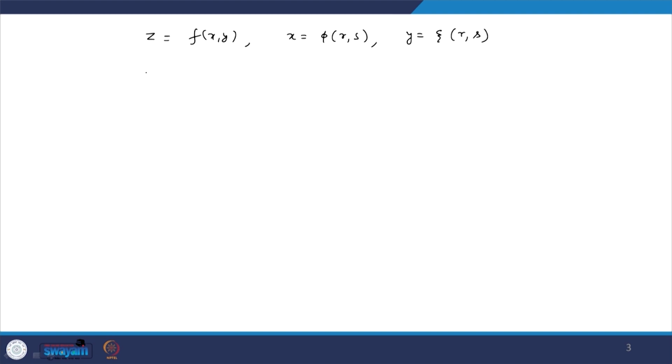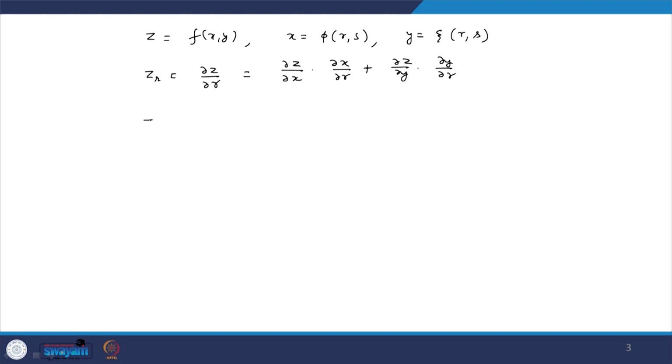Now, if you want to compute zr, zr is what? It is del z by del r. This is a simple notation. Then del z by del r will be what? See, z is a function of x and y, in turn functions of r and s. So, that will be del z by del x into del x by del r plus del z by del y into del y by del r.